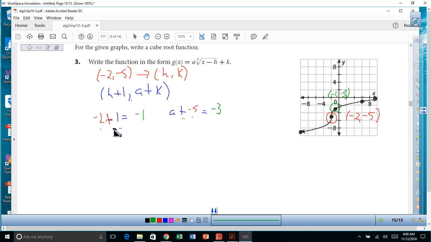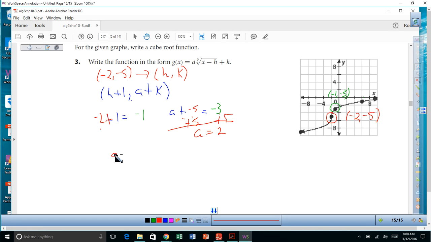So here we're going to add -2 plus 1. Oh, that worked out real good. But we still have a variable here. So let's add 5 to both sides. So we get a equals 2. That worked out real well.